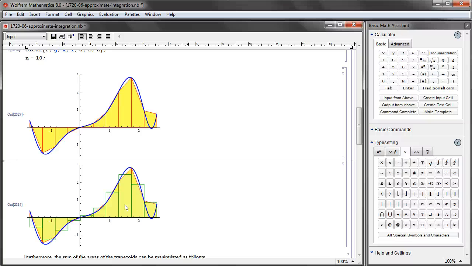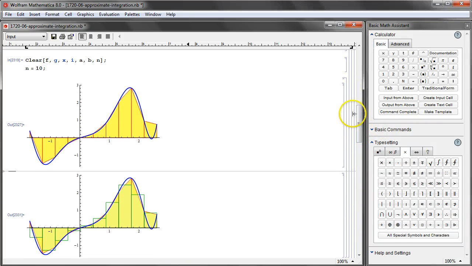Indeed, if you fix one trapezoid, for example the second trapezoid over here where my mouse is, and take the average of the y-coordinate values, (y1 plus y2) over 2, that corresponds to the y-coordinate of the second green rectangle here. And of course, that applies to all the rectangles.